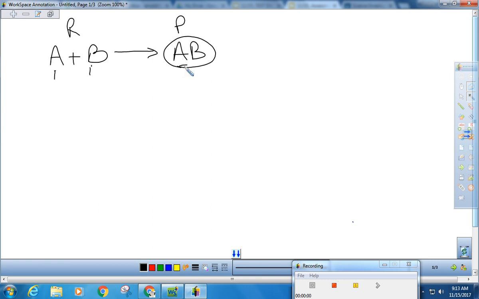There's nothing added or taken away, which is our conservation of mass, which we'll get to when we do the balancing process. But A has its own set of chemical and physical properties. B has its own set of chemical and physical properties. And then A and B together will have their own new set of different chemical and physical properties.